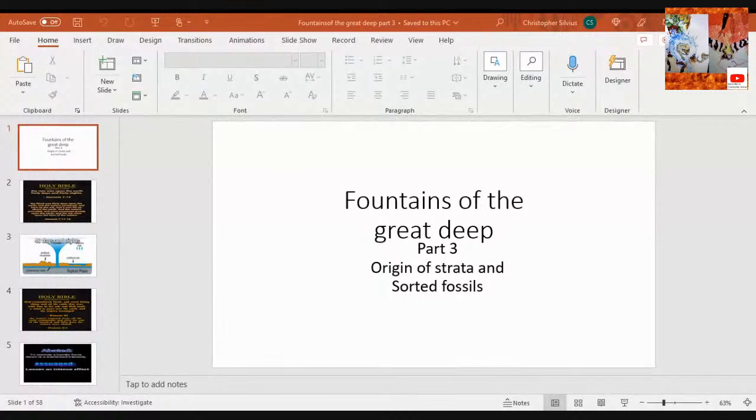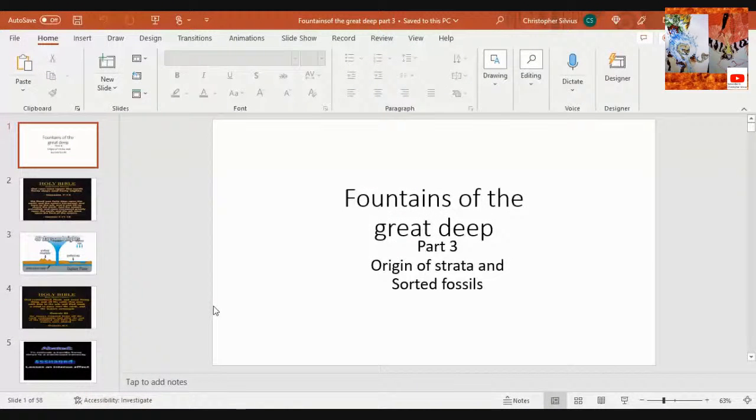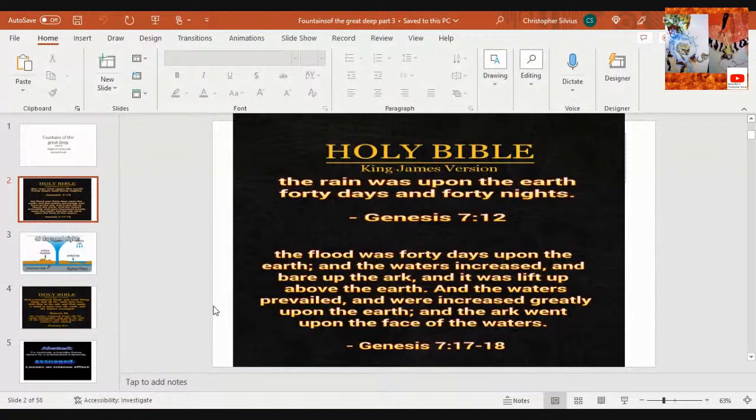The origin of strata and sorted fossils. The King James Version of the Bible says in Genesis chapter 7, verse 12, the rain was upon the earth 40 days and 40 nights.